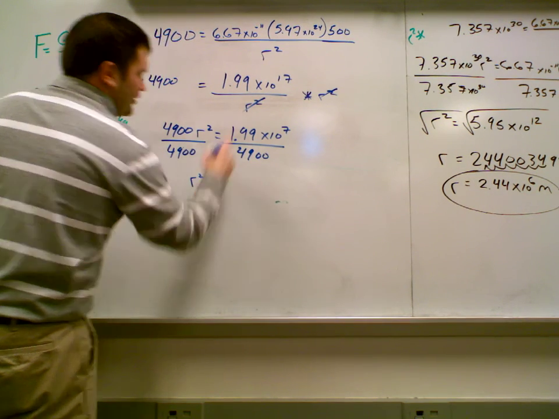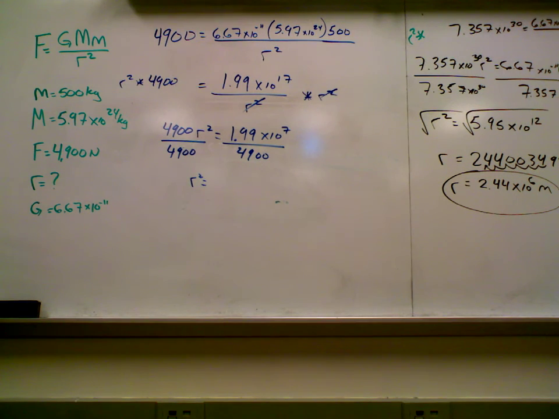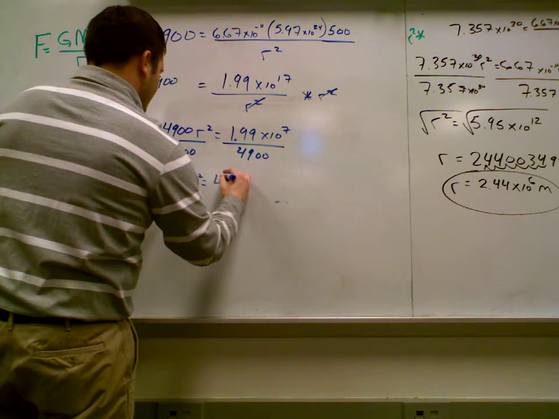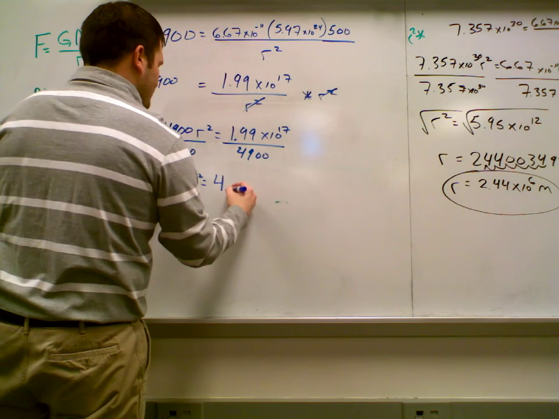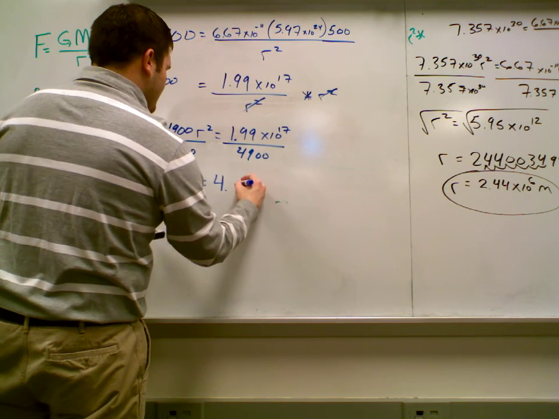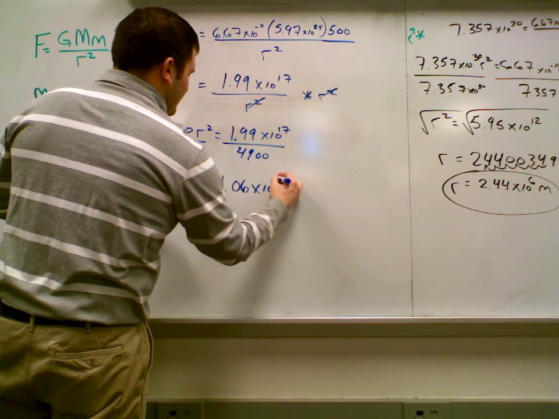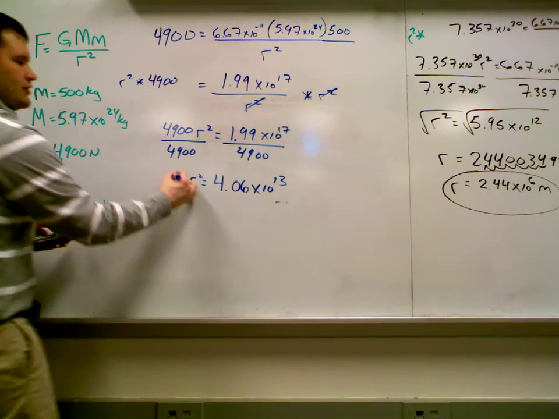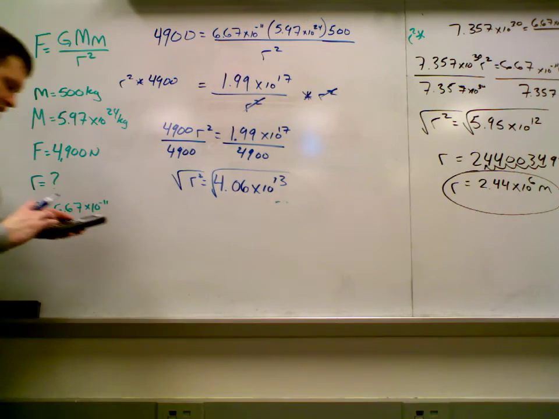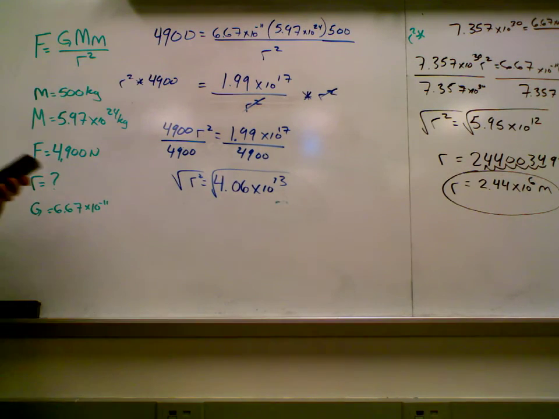So r squared equals 1.99 e to the 17 divided by 4,900. Yeah, E17, thank you. 4.06 times 10 to the 13th. Now what? Square roots.